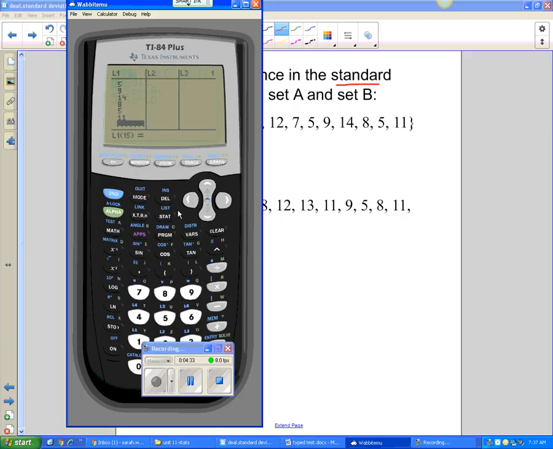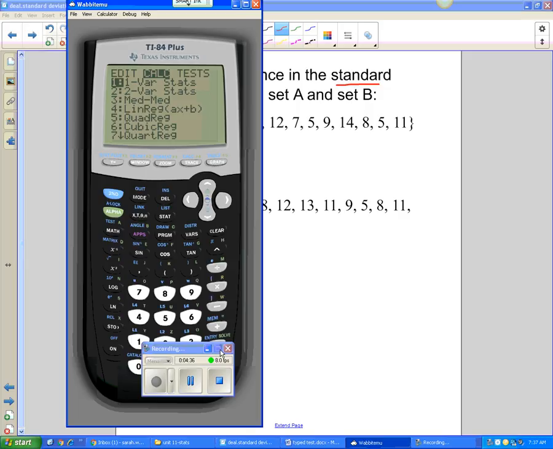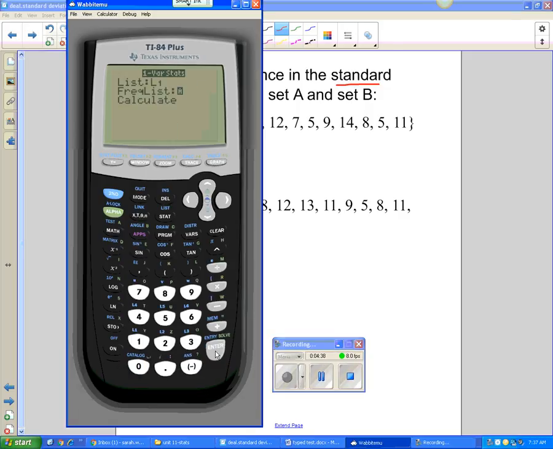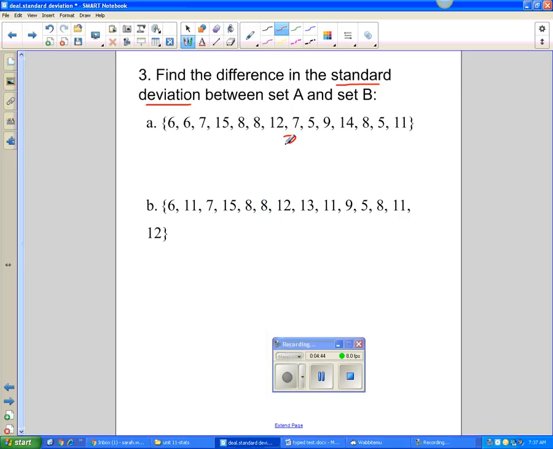Then hit stat, over to calc, down, choose this first one. All right, so standard deviation 3.2.